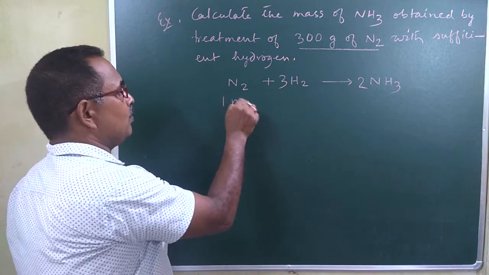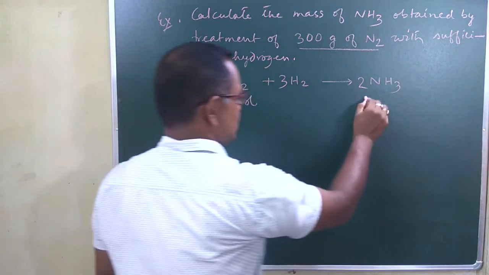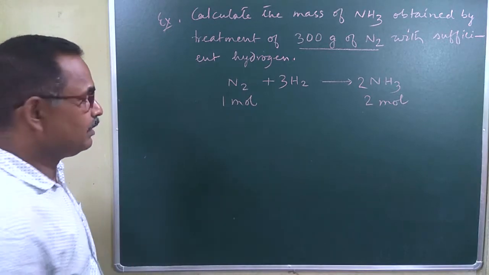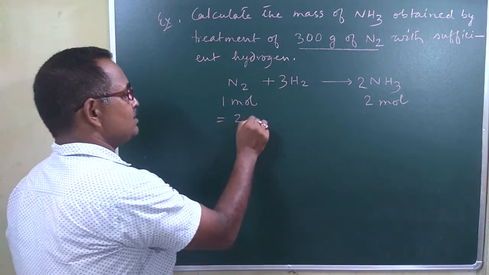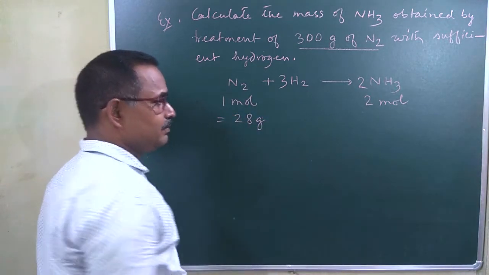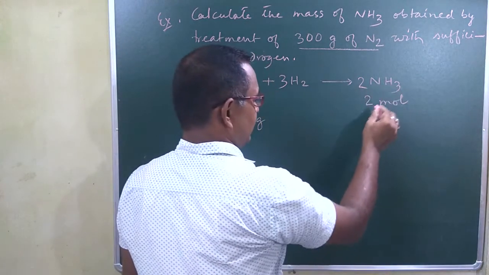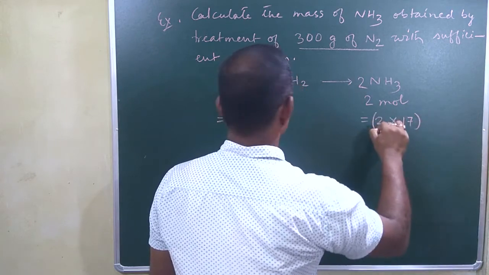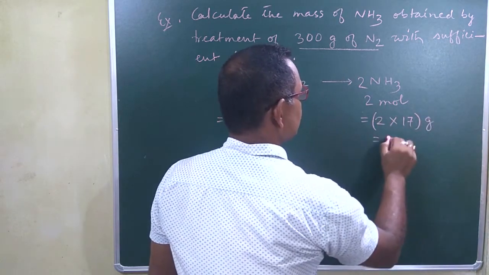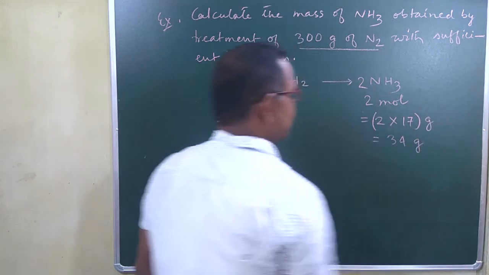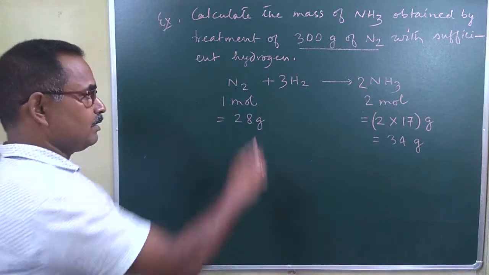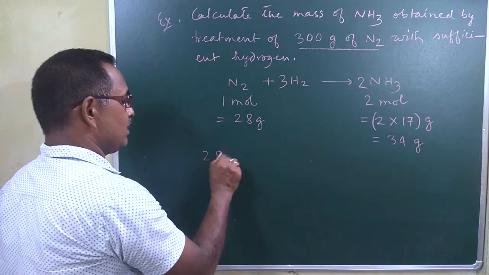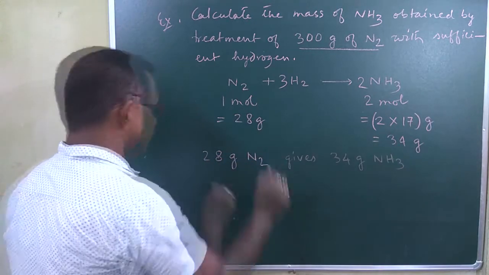See, 1 mole N2 gives us 2 mole NH3. 1 mole N2 means 28 gram N2 and 2 mole NH3 means 34 gram NH3. So from this equation we will write 28 gram N2.